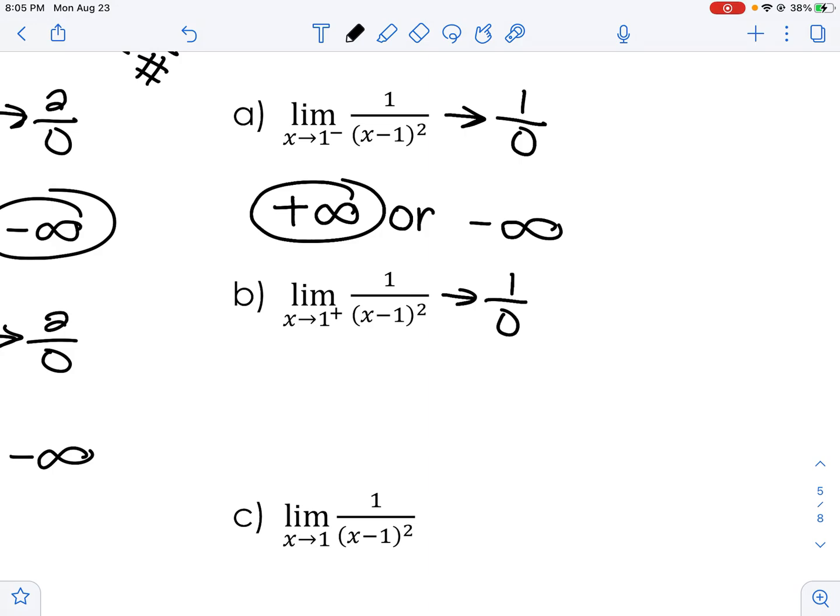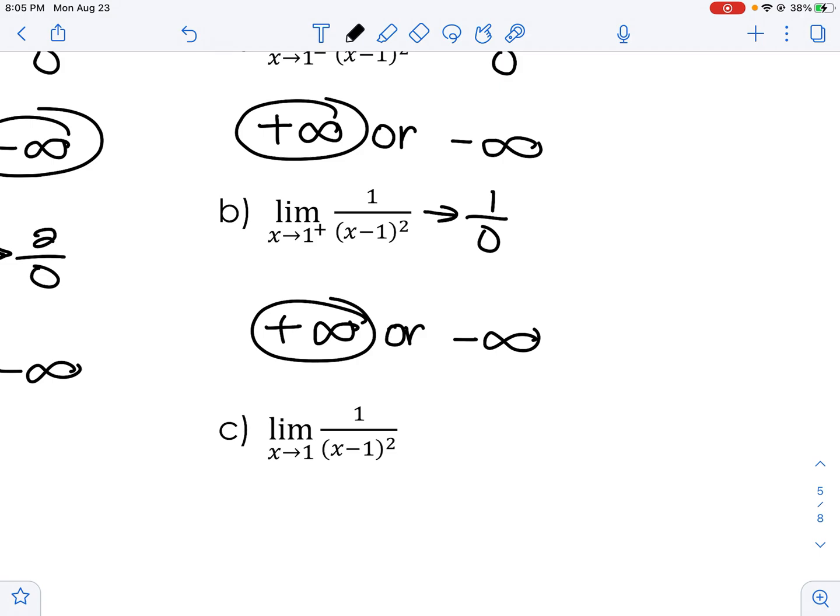When I plug it in, my top is still going to be 1, but I'm going to have a number that's bigger than 1 minus 1, so it's a positive number. When I square it, it stays positive. So again, I had two options, positive infinity or negative infinity. And when I plug in my 1.00001, I get a positive number.